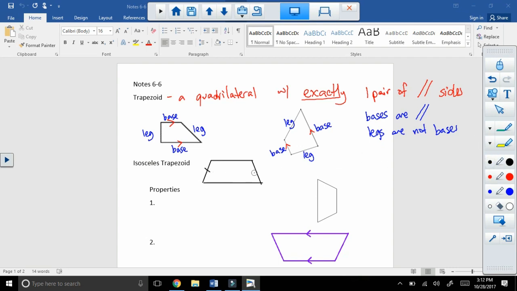So for an isosceles trapezoid, you can maybe just write two congruent legs, or the legs are congruent, and then those other sides obviously can't be the same length, but they are parallel.